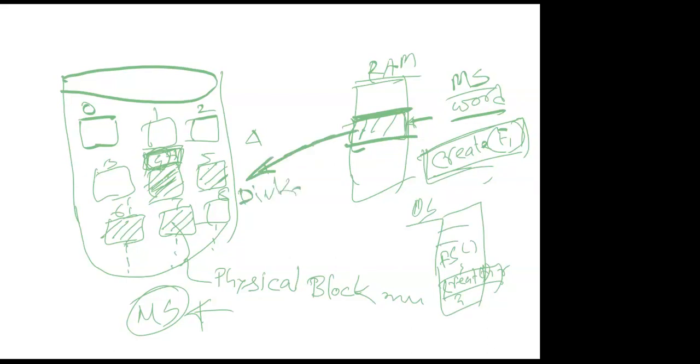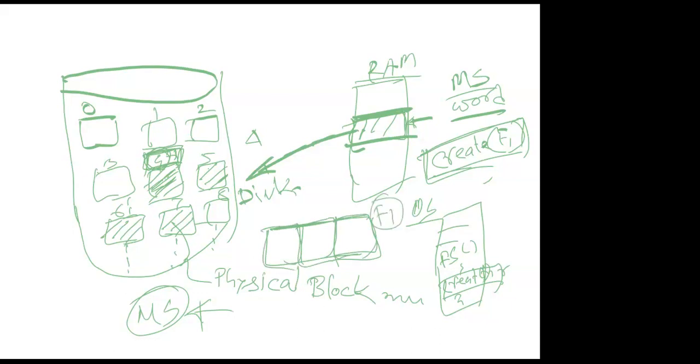So how will it actually do this? At first, when you call this create function, it will work out in how many blocks the MS Word document has to be stored, how many blocks are appropriate for this file. Let the file name be f1.